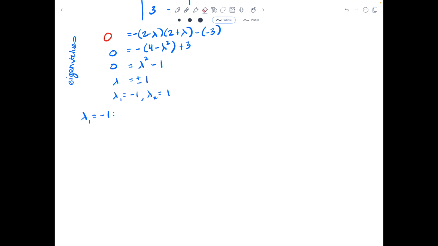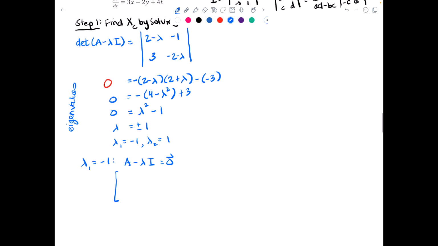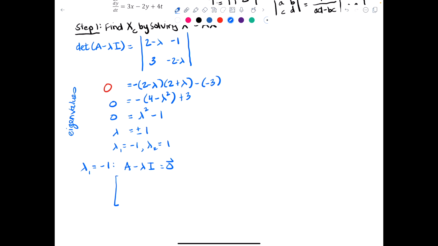Basically, what you want to do is have A minus lambda times I equal to the 0 vector to find your eigenvectors. How do you do that? You would make a matrix. We already have A minus lambda I inside our determinant, so we plug in the entries.